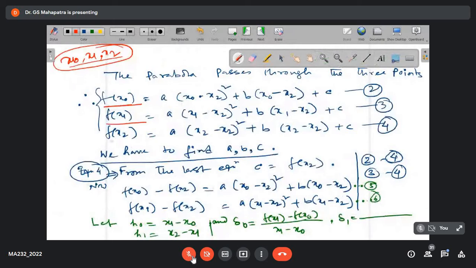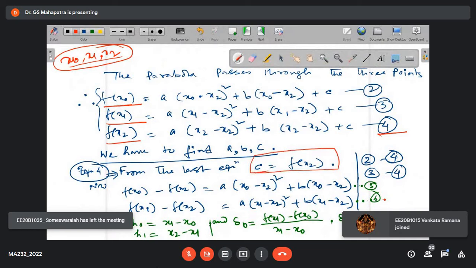What is the value of c? Without solving directly, you are getting the value of c from equation 4. That's why we have considered this type of parabola equation.